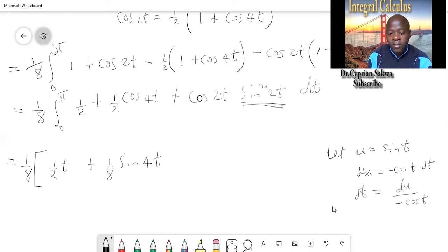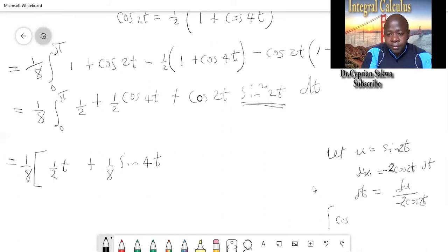So if I'm integrating cos, this is 2 here. So let's say that this one will be 2t, so that this one becomes negative 2 cos 2t. That's now okay.